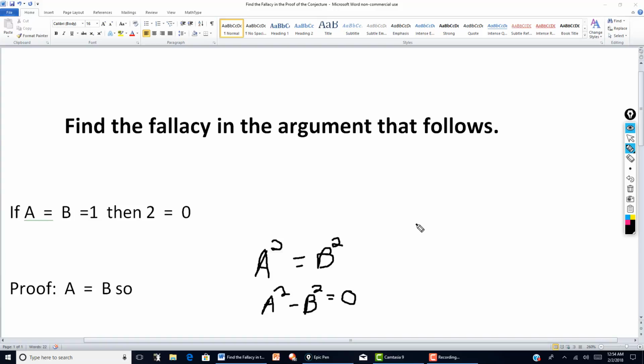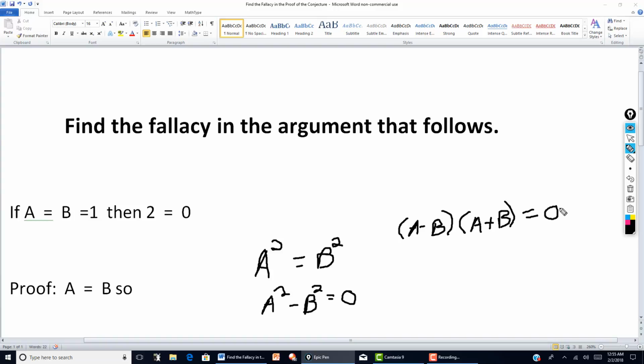Then I have a difference of squares on the left side. So again, just basic algebra, I'm going to factor that into A minus B and A plus B. So I get this: the product of two terms, A minus B and A plus B, equal to 0.